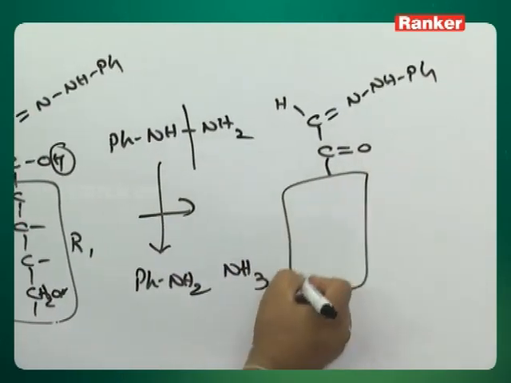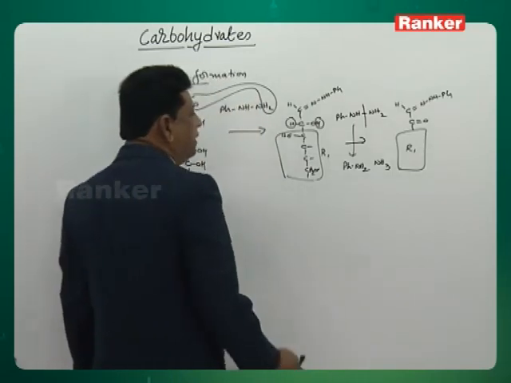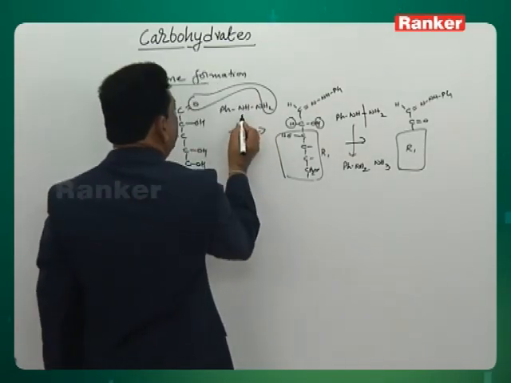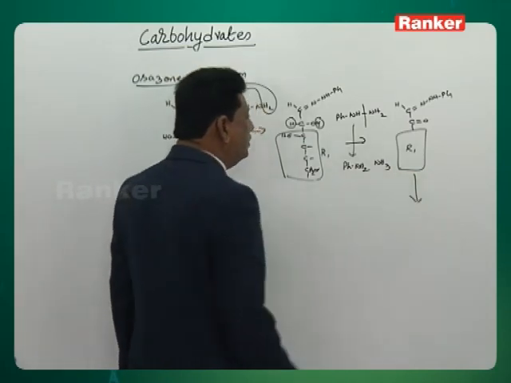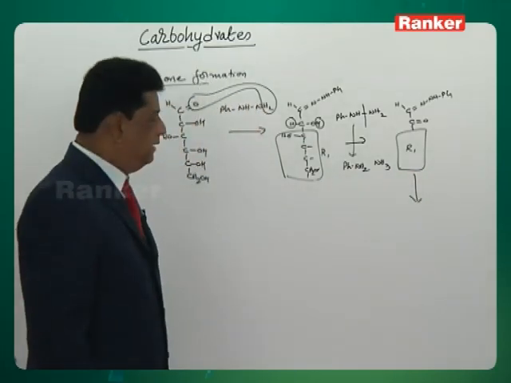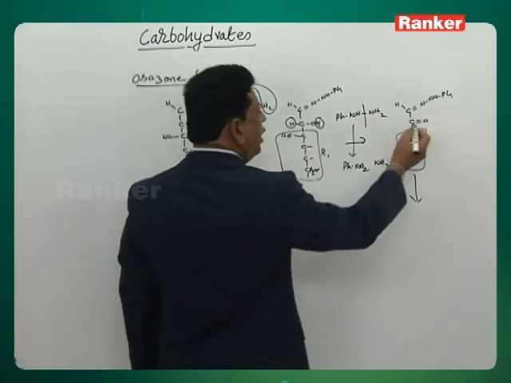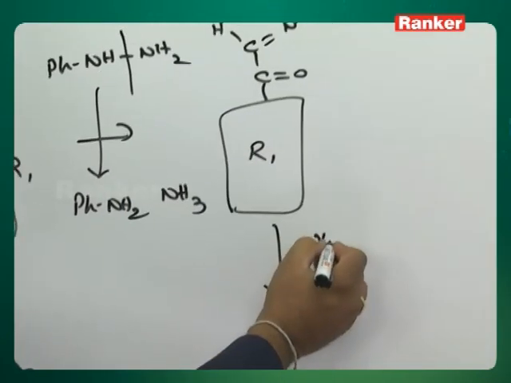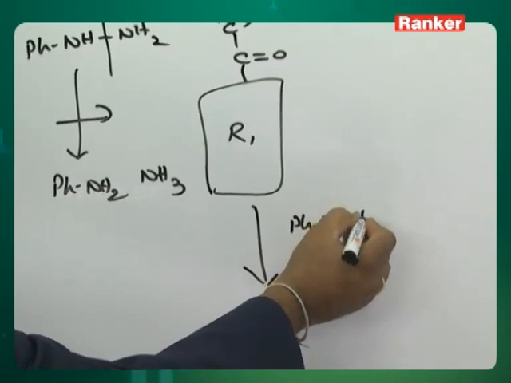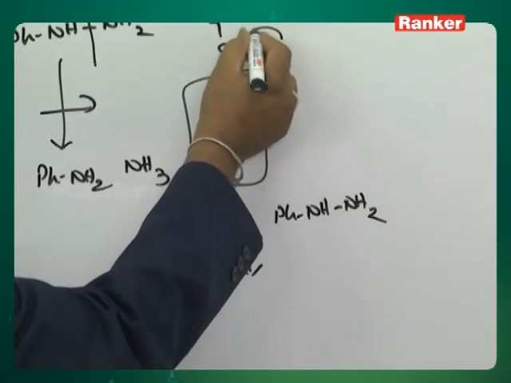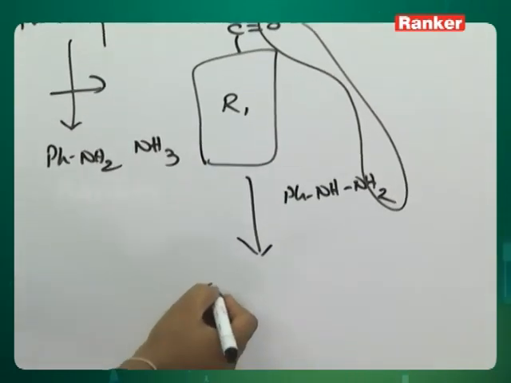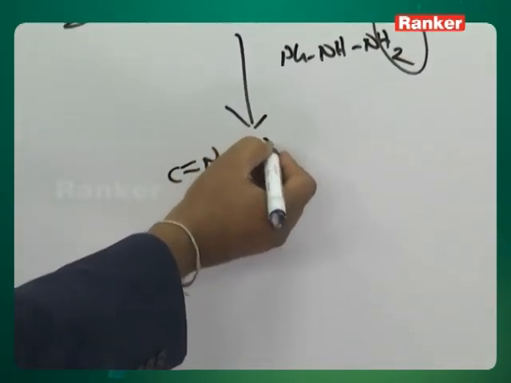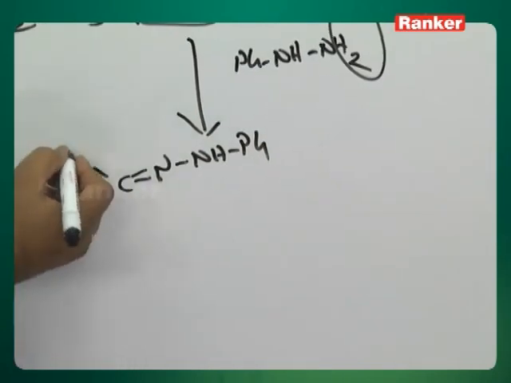The rest of R1 will be intact. Now this is the first mole I am adding, and the second mole is used for the oxidation. So in fact I will use an excess of phenylhydrazine. The third mole is consumed now to get this reaction here. The third mole of phenylhydrazine is used to make the hydrazone with this carbonyl group. So you get the double hydrazone of glucose.